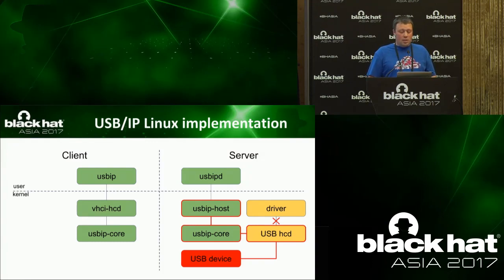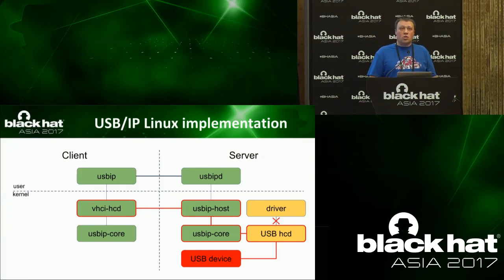At some point later, a client comes into play. The client contacts the USBIP server and asks if it can import any device. So what happens then is the USBIP host driver establishes a logical connection to the virtual host controller on the client side and begins forwarding all URBs there.